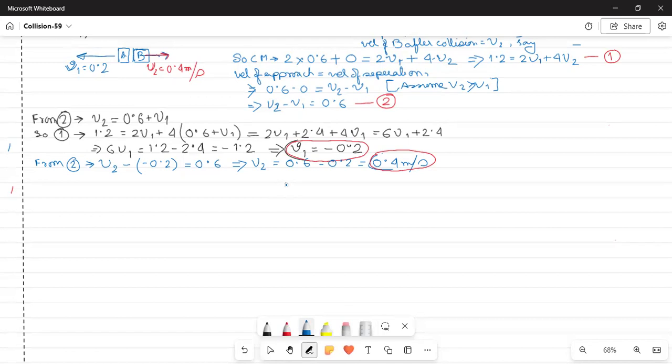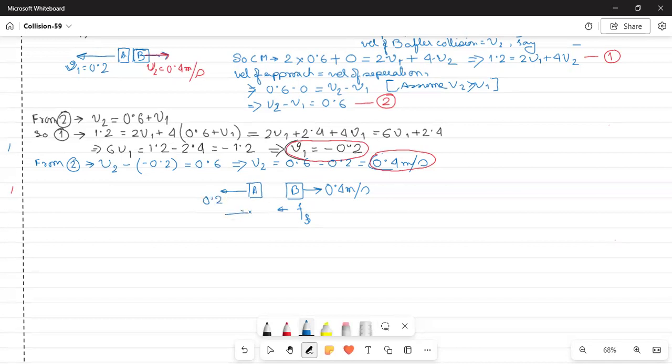This B is moving towards right with velocity V2, that is 0.4 meter per second, and it has a frictional force working against it. And A is moving towards left with a velocity 0.2.